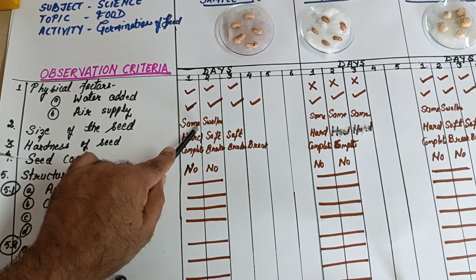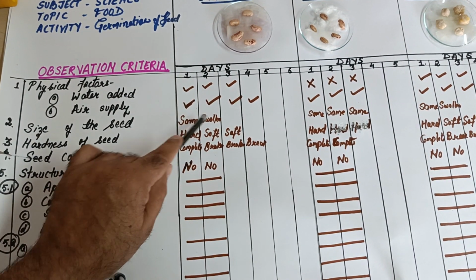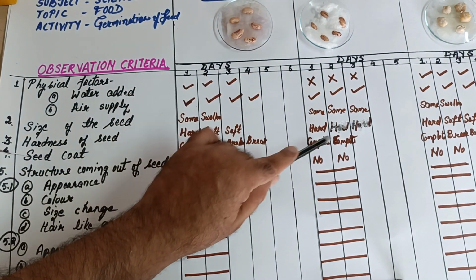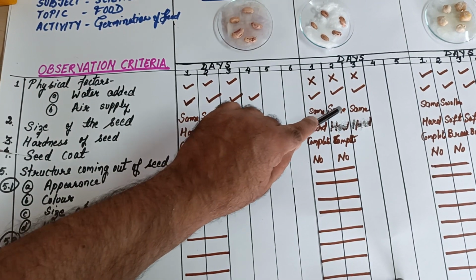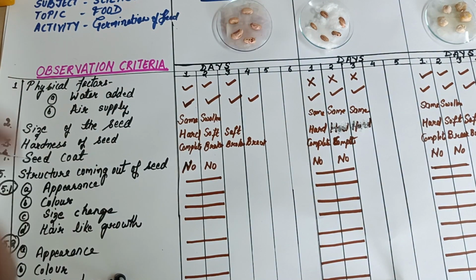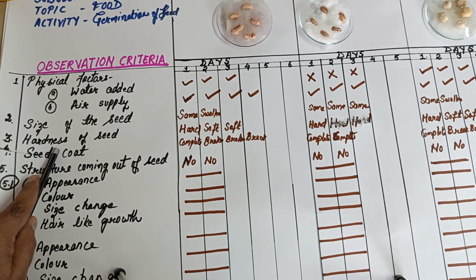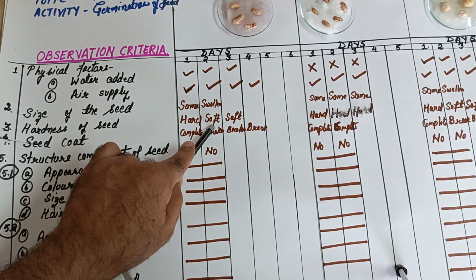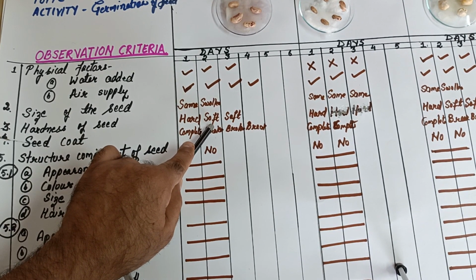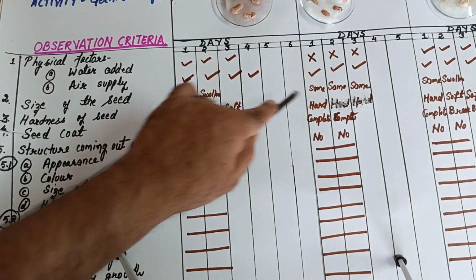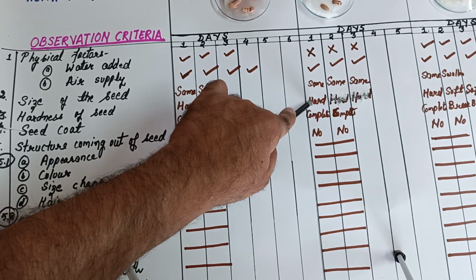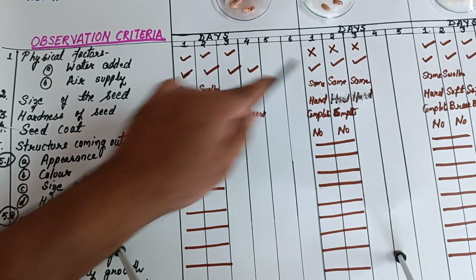Size, as we check the seeds were swollen in sample A, whereas they were same as before in sample B, no change. Hardness, on day 1 it was hard, whereas on day 2 it's soft. We can feel the softness. Whereas in case of sample B, day 1 it was hard and day 2 also hard.